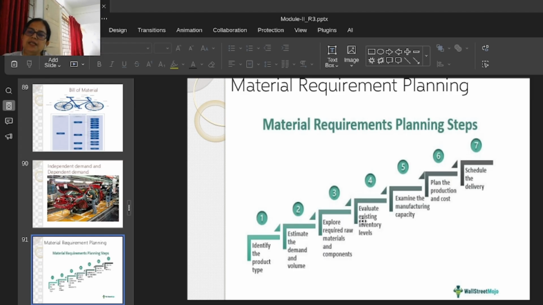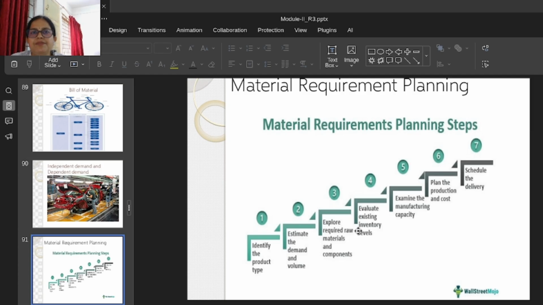So these are the material requirement planning steps. What we need to do in 7 steps. First, we need to identify the product, meaning what is our end item. Then we need to estimate the demand and the volume, what will be the demand and what is the volume we need to produce. Then explore the required raw materials and the components, so we can plan for the raw materials and the components we need to purchase.